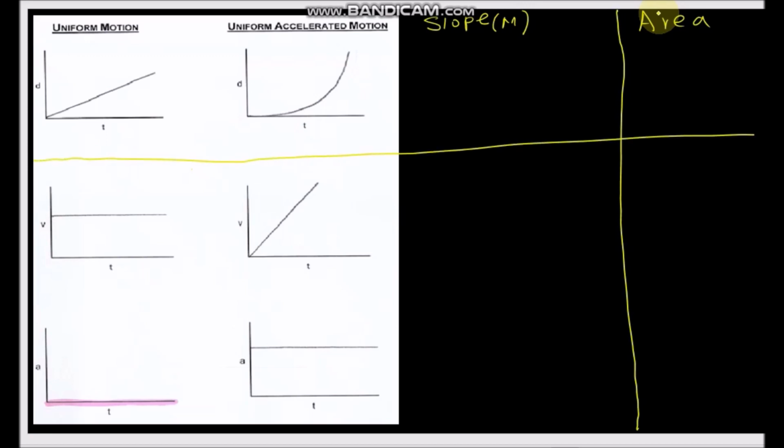Now another very important thing. We are going to analyze the slope and area of graphs. Let's divide this one like this.